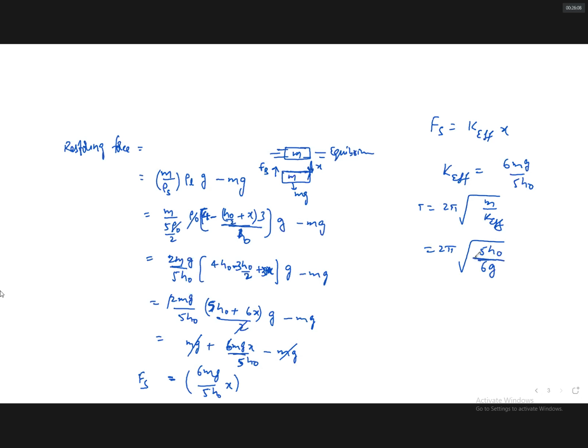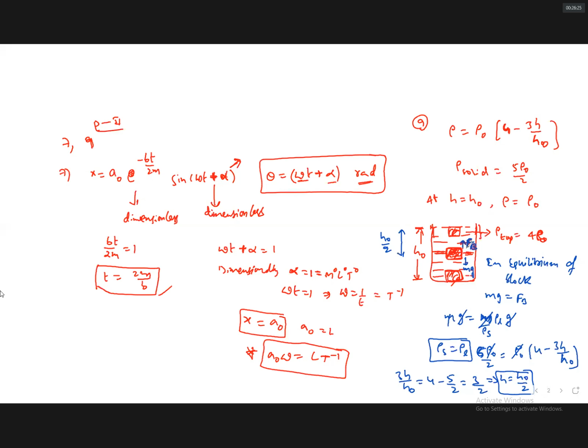So in the case of a floating object, if you want to find the time period of oscillation, we need to calculate the extra buoyancy if we displace the body from its equilibrium position. Here the block is in equilibrium at a depth h0 by 2 from the surface, where the solid density and liquid density are equal.